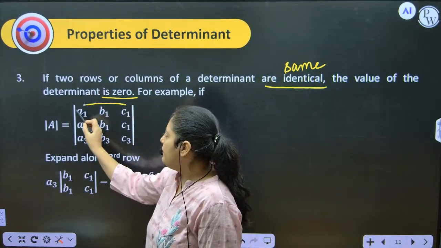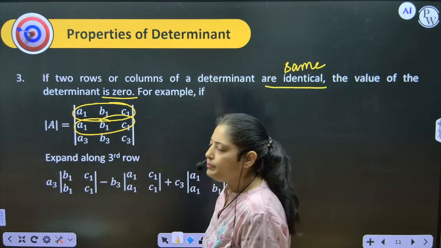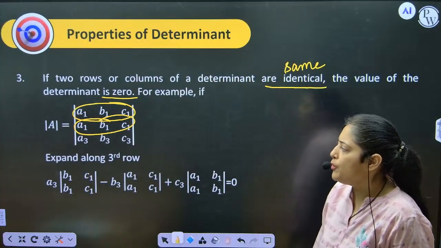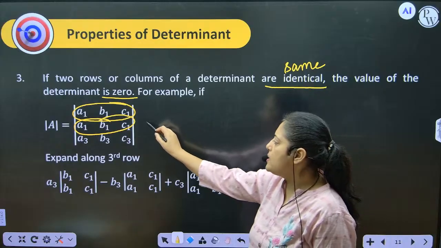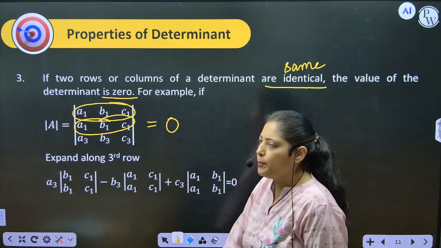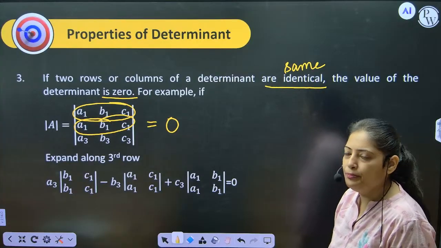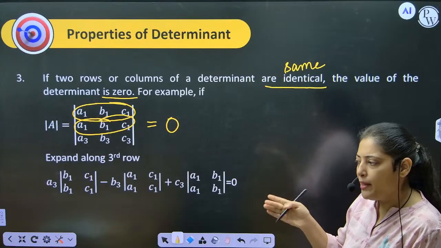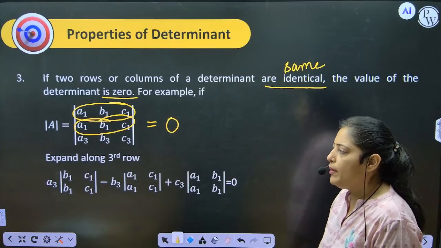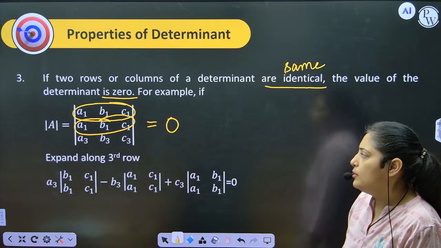See, A1, B1, C1 and A1, B1, C1. Both the rows are the same. In this, the answer will definitely come out to be 0. How? That I'll tell you. Again, I'll come back to these slides once more. I'll give the example also. Quickly note it.